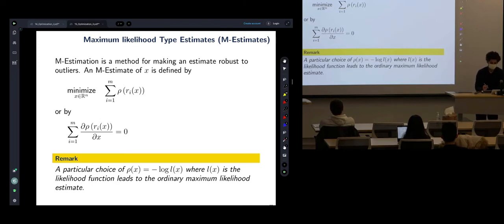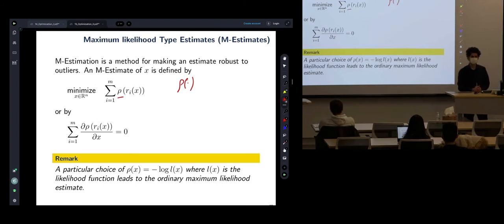So the idea is that we wrap the residual around a kernel, or a norm, if you wish to call it a norm. Sometimes we call it a kernel. It's ultimately a function that takes the residual and gives you a scalar, a number. Then this will be the generalization of the maximum likelihood.